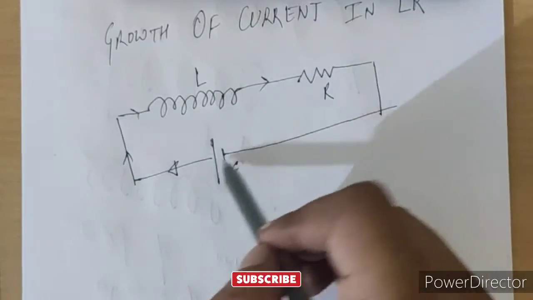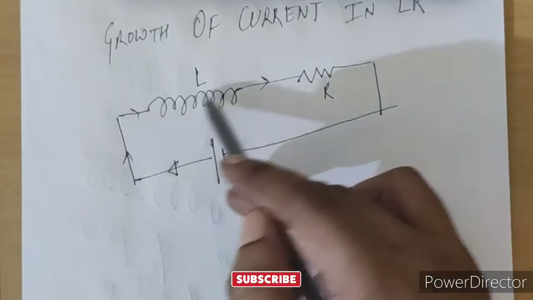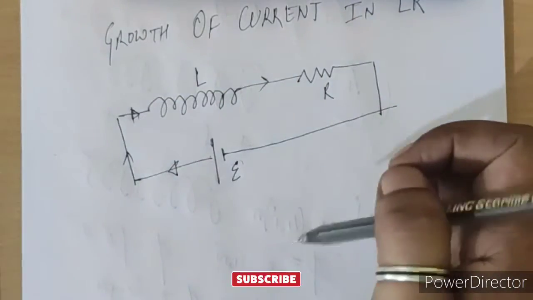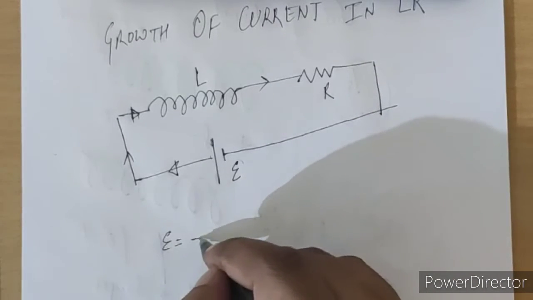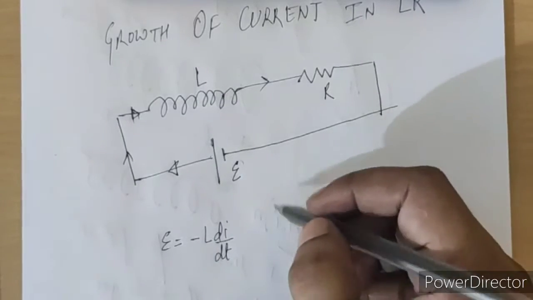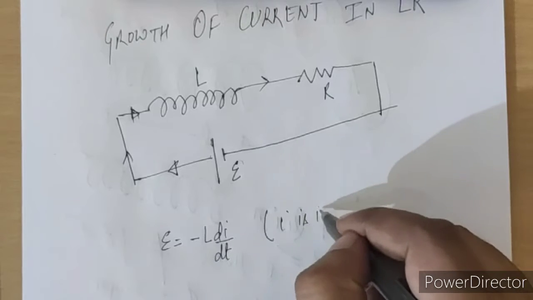And we know that as the current moves through the coil, and if the current is changing in the coil, we have discussed that EMF induced is minus L di by dt, where I is increasing.